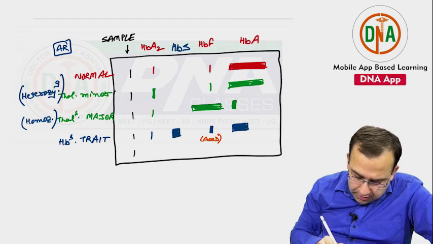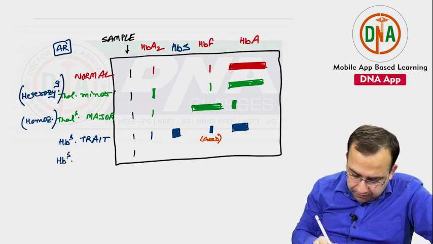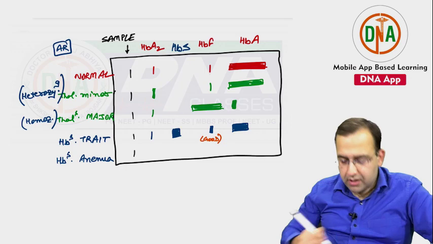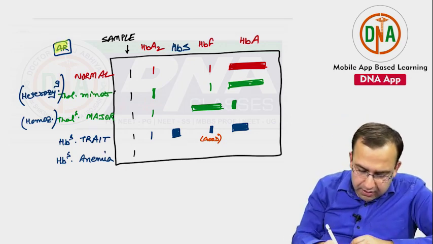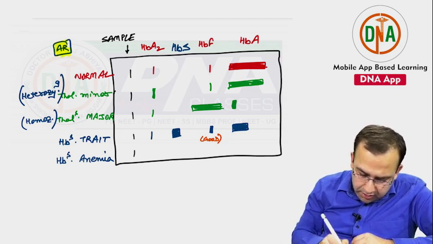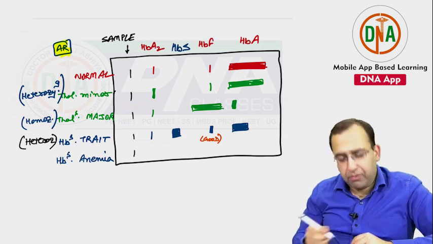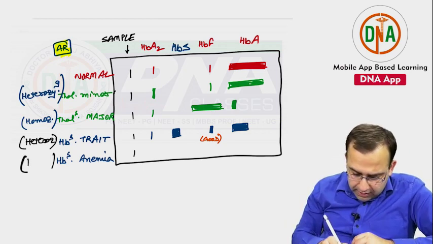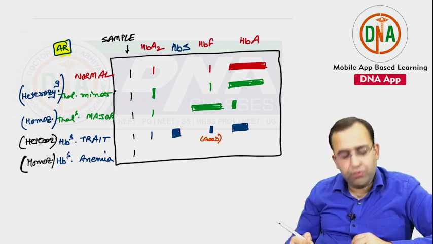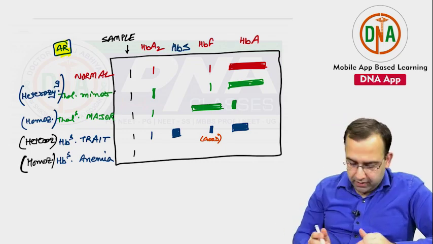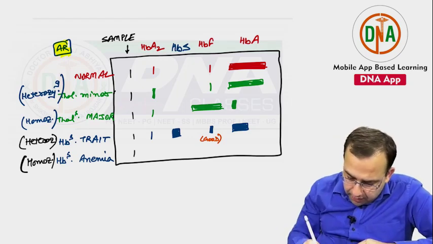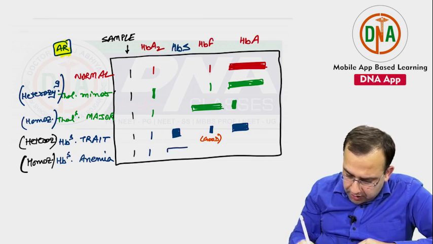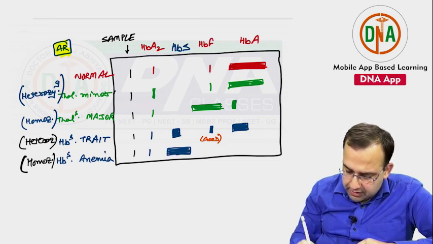And last is sickle cell anemia. Same funda, even sickle cell is autosomal recessive. So sickle cell trait means it is heterozygous. One allele is normal, the other is abnormal. Versus sickle cell anemia, which means it is homozygous, both the alleles are abnormal. Sickle cell anemia, HbA2 normal. Now the predominant hemoglobin is HbS.